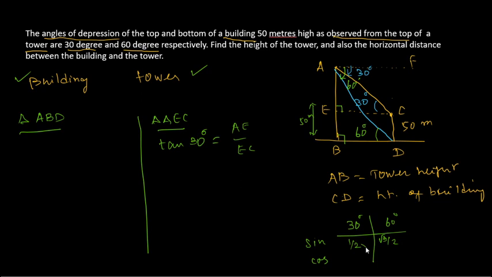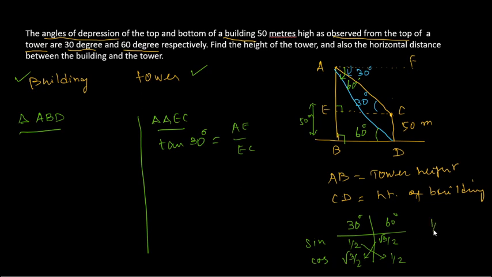So the best thing is diagonally they should be equal. So this is 1 by 2 and cos 30 is root 3 by 2. So this is the diagonal part. Okay. So what is asked here? Tan 30. So tan 30 means sin 30 divided by cos 30. Is it not? That is tan 30.